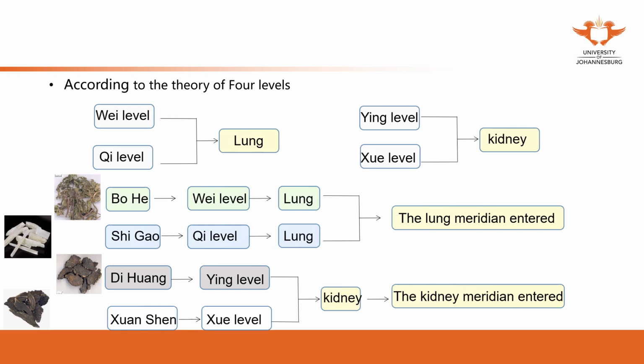For example, 薄荷 is the mint. It's very light and its leaves can go to the Wei level. 石膏 also can be used for the heat in Qi level. So these are related to the lung. So we said 薄荷 and 石膏 are the lung meridian entered.